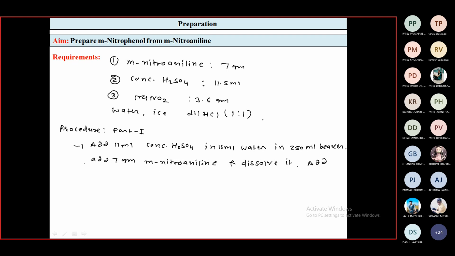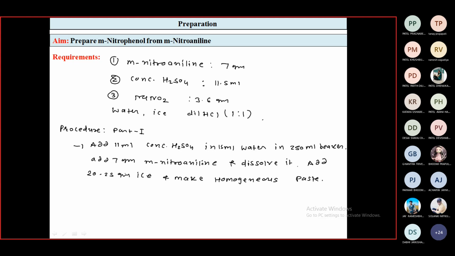Add 20 to 25 gram ice and make homogeneous paste.